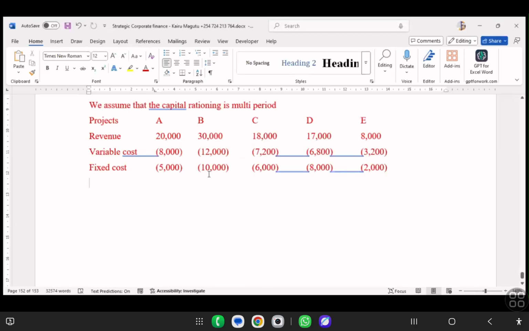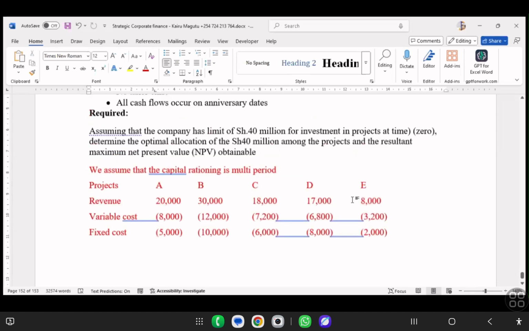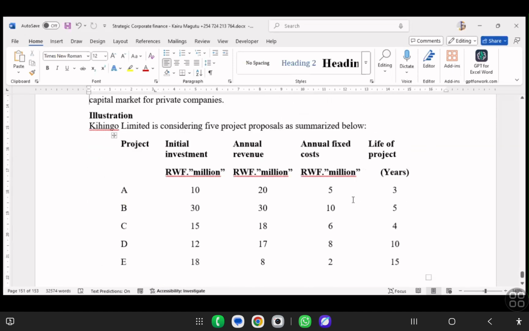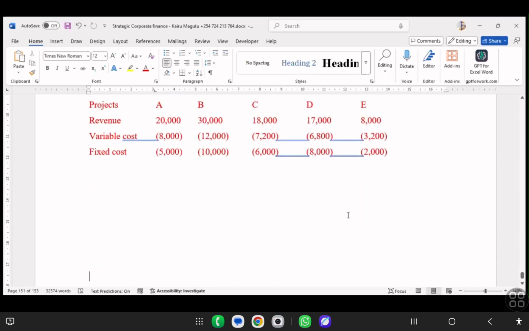Because the fixed cost, this is the only thing that I have put here. And the fixed cost was from here. 5, annual fixed cost is 5, 10, 6, 8, 2. And what we need to do is, can we get the earnings before depreciation and tax?